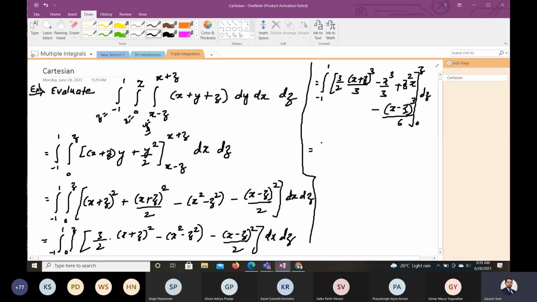So this is the integration minus 1 to 1. When you put the upper limit, you will have 2z there. So 2z cube, that will be 8z cube, 8 by 2, which is 4. So totally we have 4z cube. In the second one, minus z cube by 3.